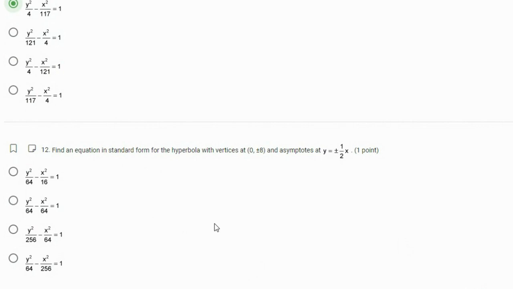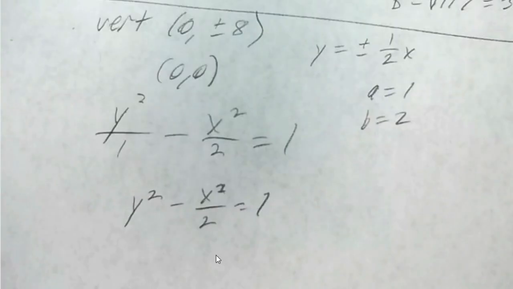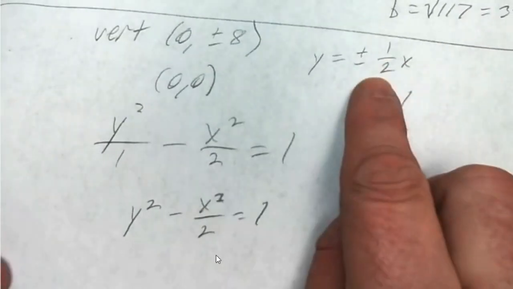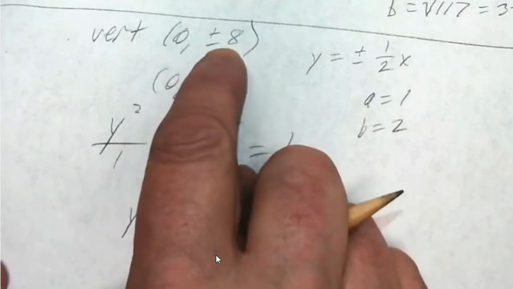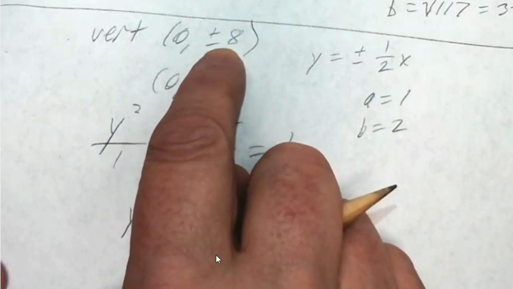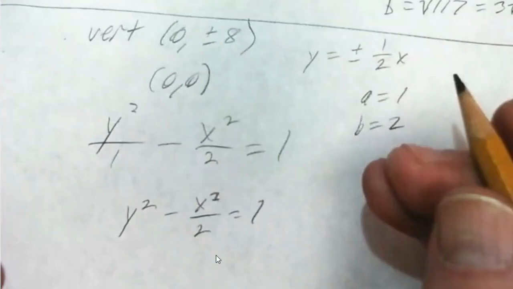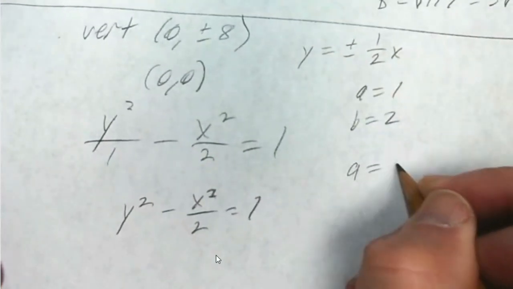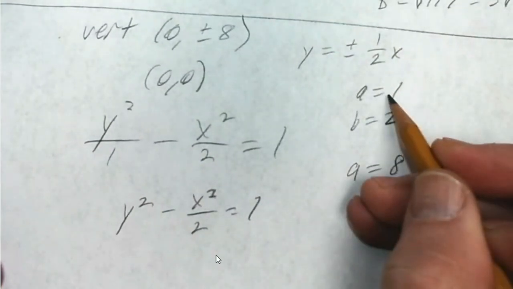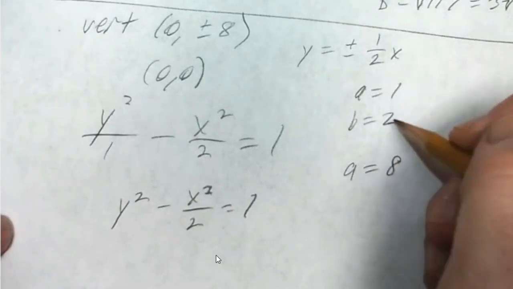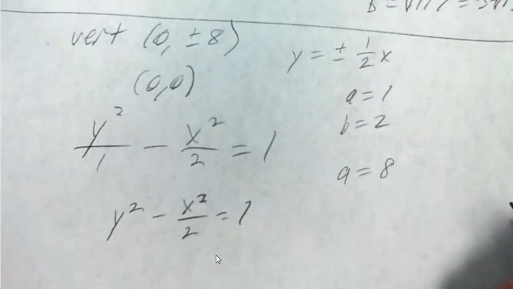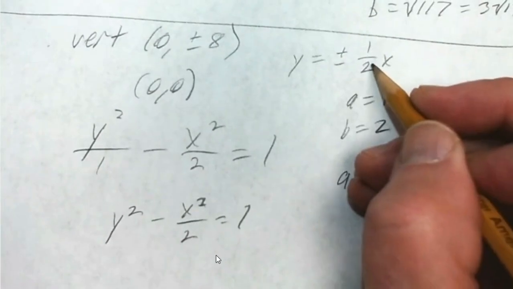Okay, did something wrong. Something about the vertices, right? Oh yeah, so our a, that's the big clue. We have 1/2, but we know the distance between the center and the vertices is 8. We know a is 8, but 1 over 2 is what we end up with for a over b.